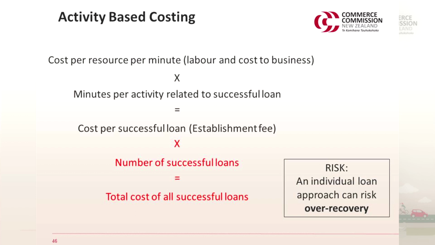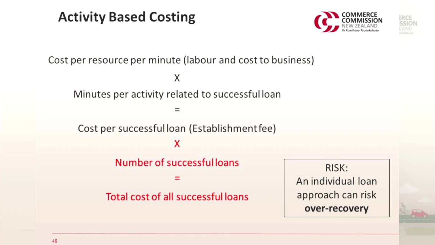So if you can determine that cost and then multiply that over the different activities, and I would see in that you'd be identifying specific different activities that the person goes through in establishing that loan, and then multiply that by the minutes per activity.